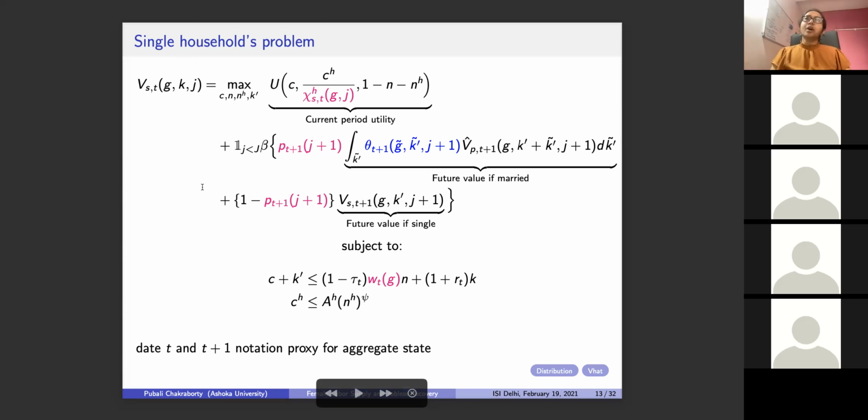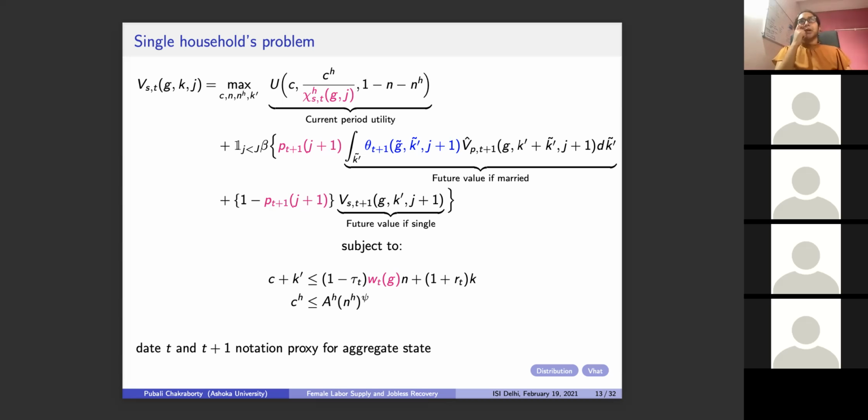But as compared to other members of the household, let's say this member is living with his or her parents, or there are other members in the household who are working and bringing in some kind of income, that's something I'm not able to capture in this framework. You're right about that.